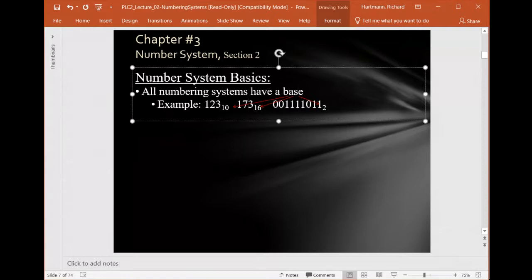So what you'll find is that in a lot of programming languages, when you do these different bases, there's a subscript there.